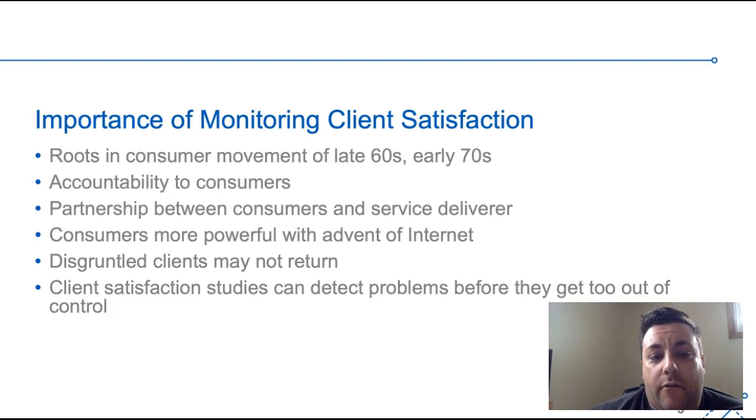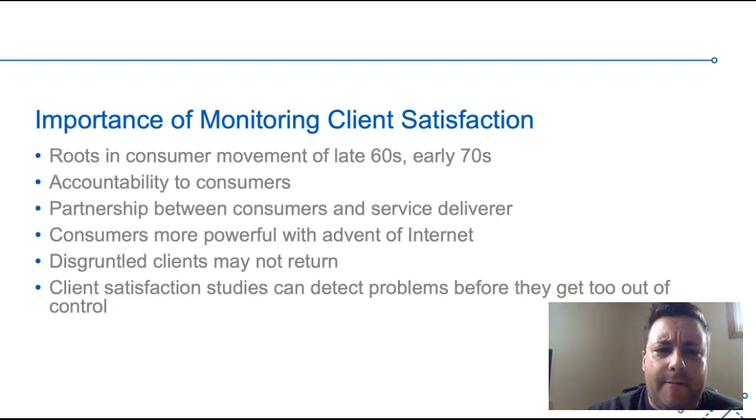And then, of course, probably the real utility of client satisfaction is what I've listed in this final bullet point here. The client satisfaction studies really are useful because they can detect problems before they get out of control. And get out of control is shorthand for cost the agency too much in terms of time or money or clients or reputation or something like that.